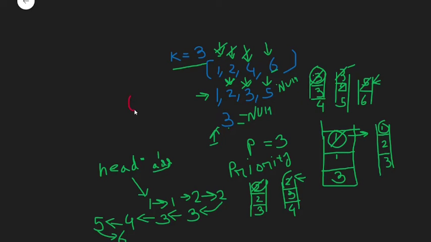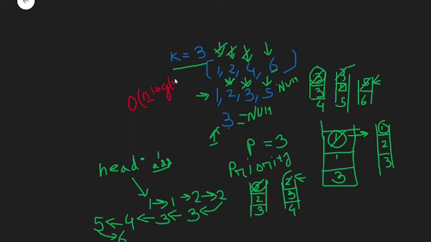So the time complexity for this algorithm will be big O of n times log of k. Now what is n? n is the total number of elements. So if you sum up the number of elements of these three linked lists, because currently the value of k is 3, that value would be our n, okay? And we need to multiply this with log of k. Now why log of k?